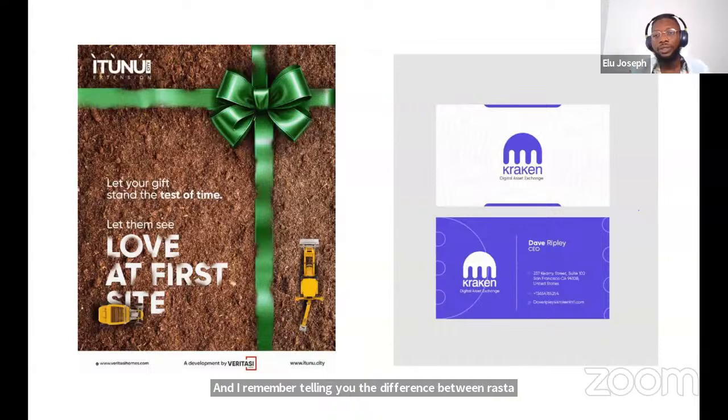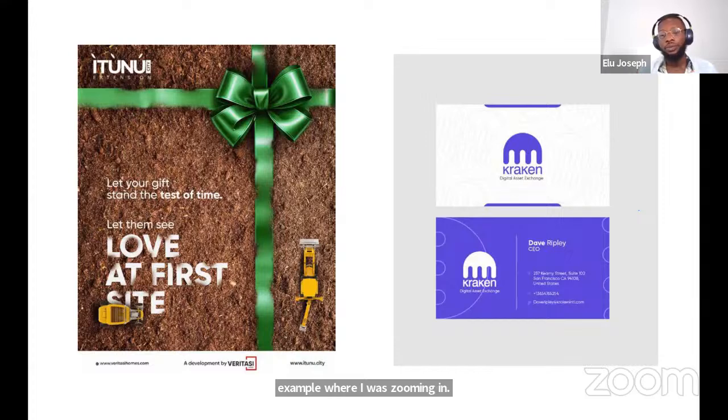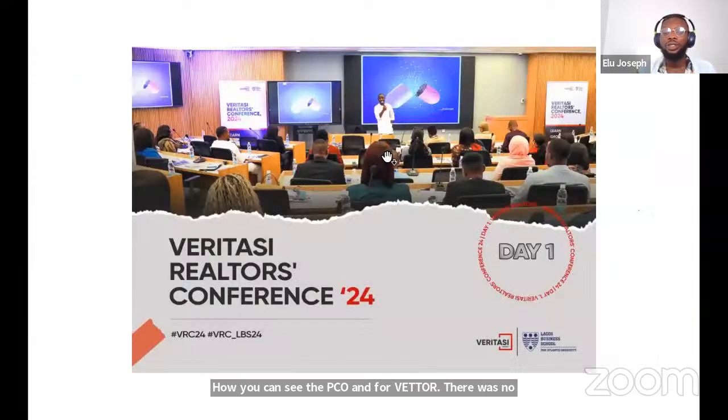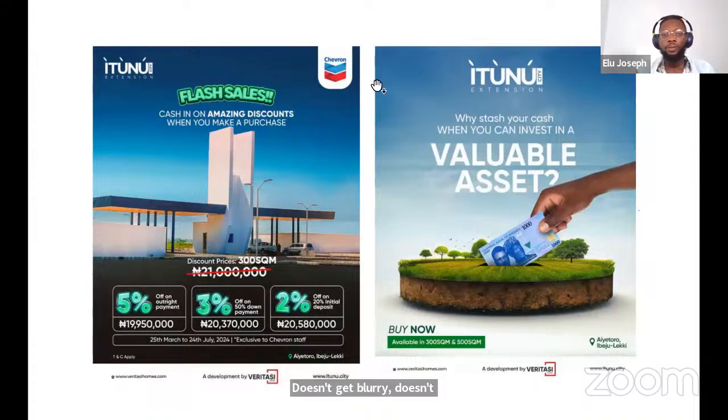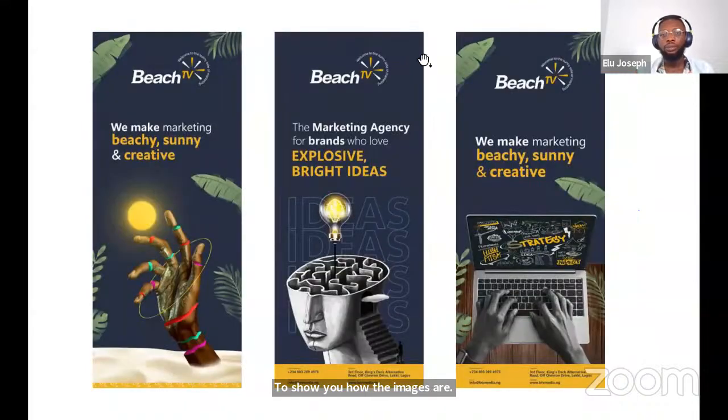Raster are made of tiny millions of pixels. And I showed you an example where I was zooming in and you could see the pixels. And for vector, there was no pixels because it's vector. It doesn't get blurry, it doesn't get rasterized. Okay, so these are more examples to show you how the images are edited and fit into the design.